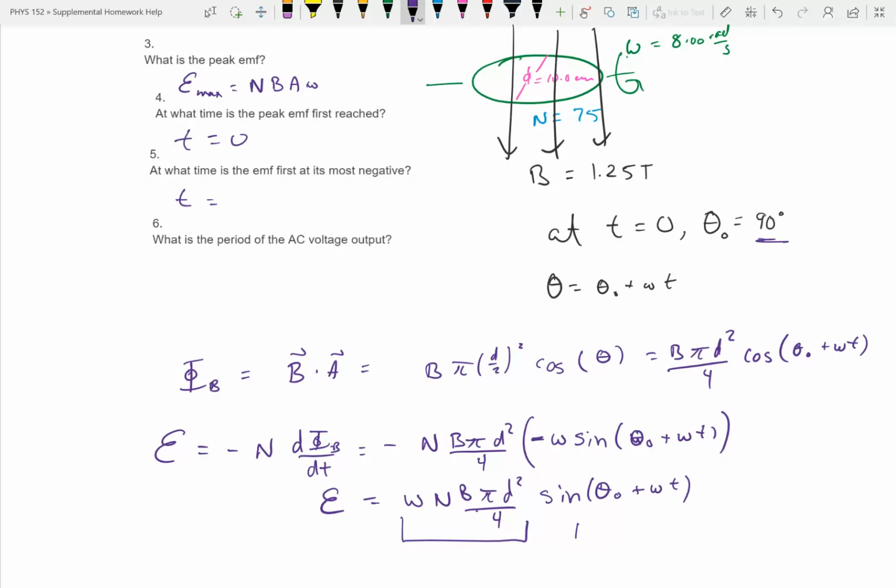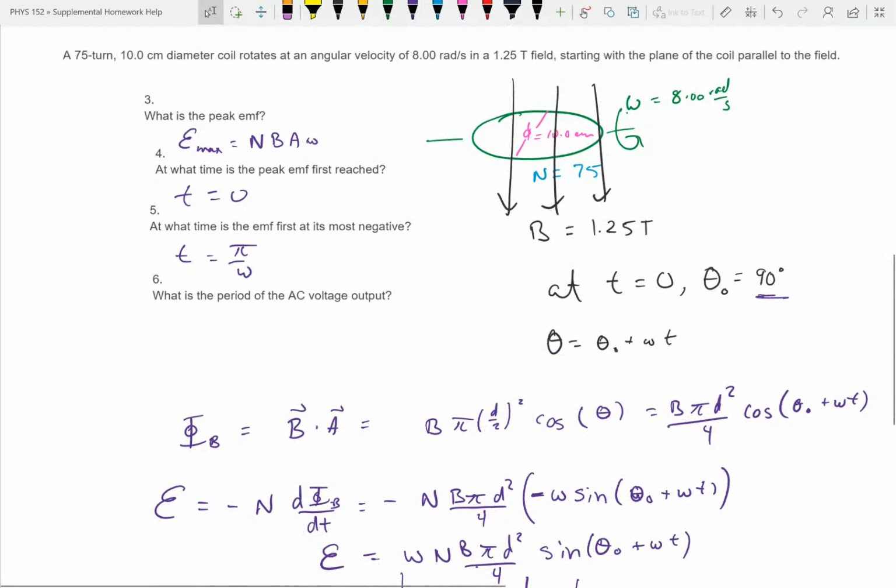So omega t is equal to pi. So it's t equals pi over omega. And they gave us omega, so it'd be pi over 8. So pi over 8, whatever that is.